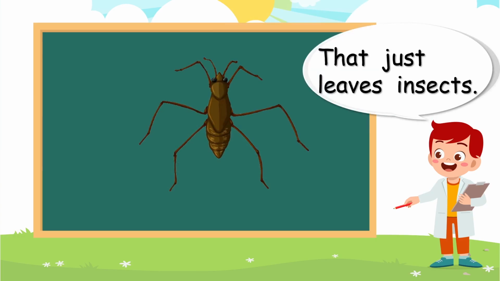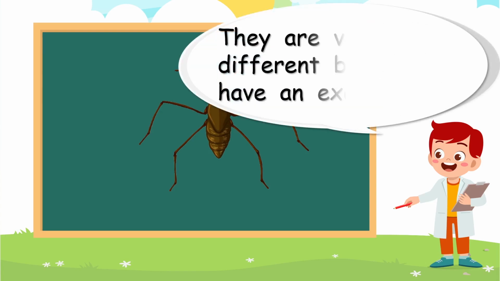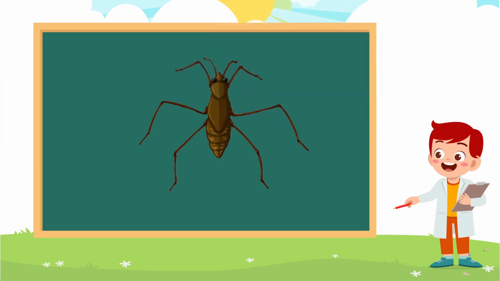That just leaves insects. I like insects. There are so many of them. They are very different because they have an exoskeleton. What's that?